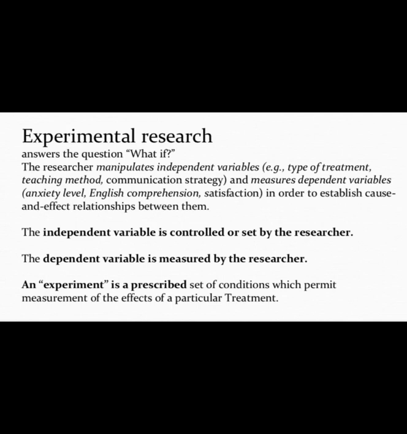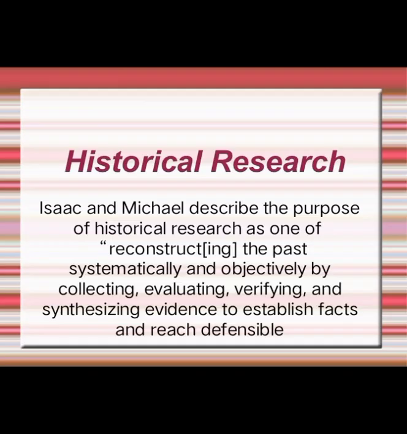The independent variable is controlled or set by the researcher. The dependent variable is measured by the researcher. An experiment is a prescribed set of conditions which permit measurement of the effects of a particular treatment. Historical research.